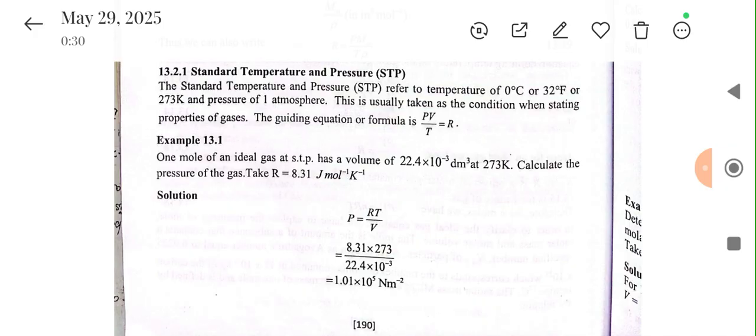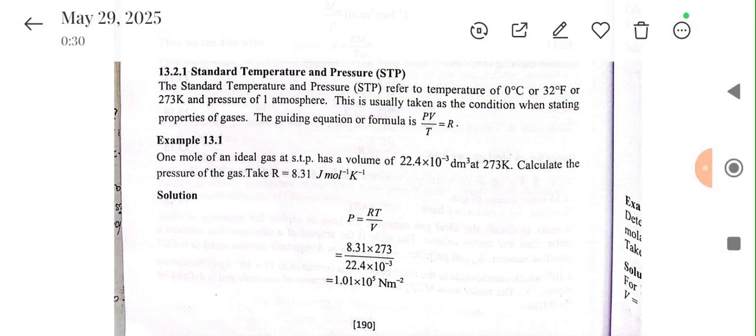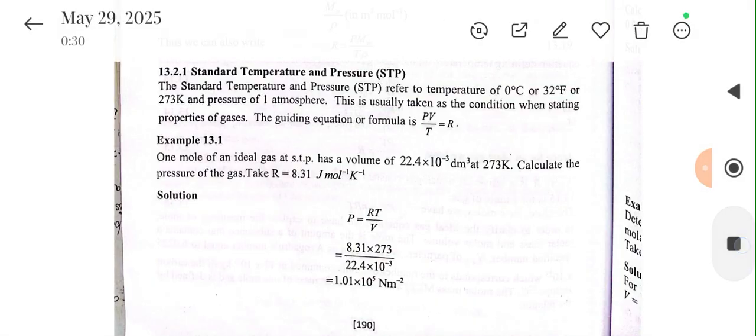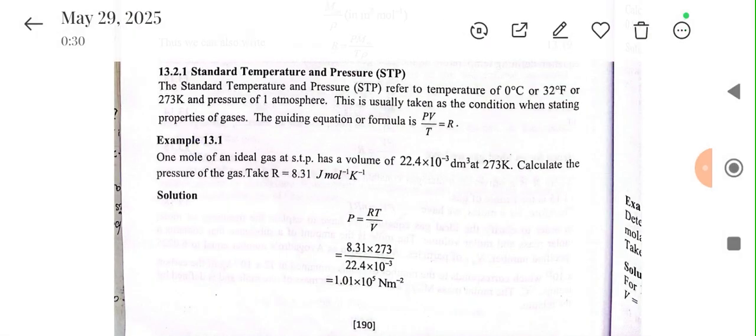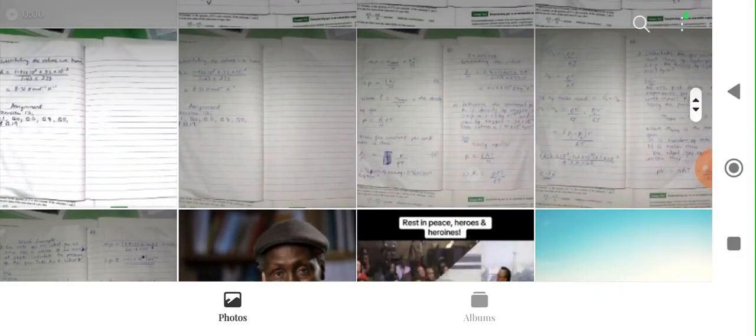Then the example we are giving now, we will refer to our ideal gas equation, which says that PV equals nRT, where the small letter n is the number of moles.